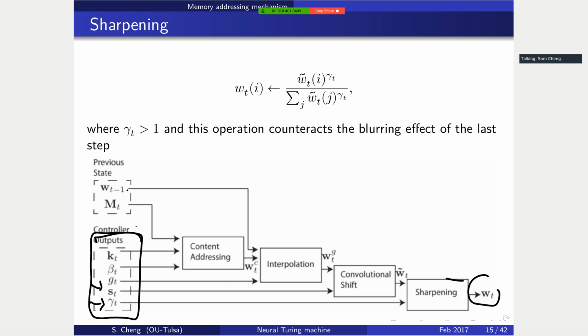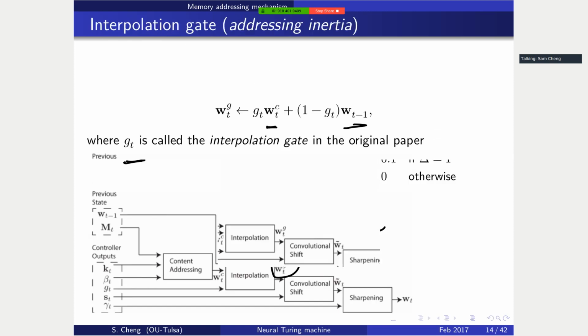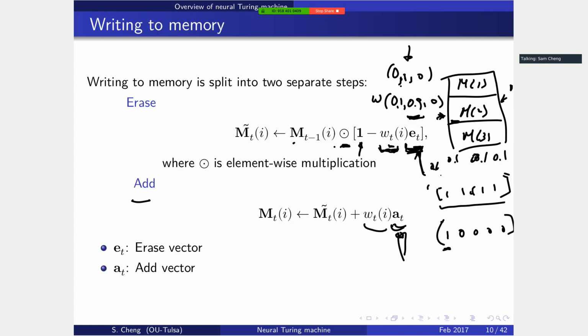The controller is basically an LSTM or RNN that is based on the current input and the previous state. The controller will also spit out what we just mentioned in the addressing and writing: this AT, ET, and RT to read the... Do we have RT? I forgot. We don't have RT, sorry. We have this ET and AT to write the memory.